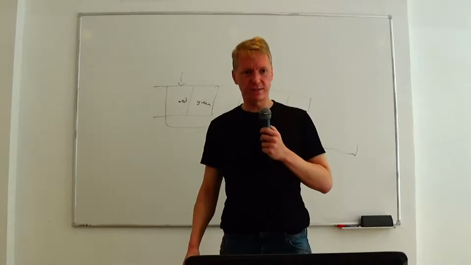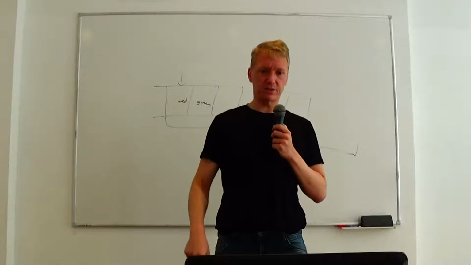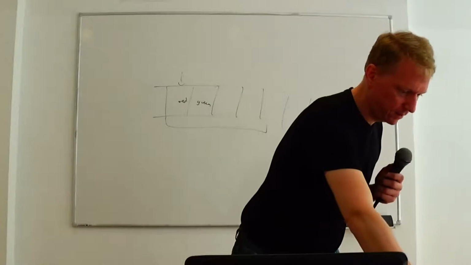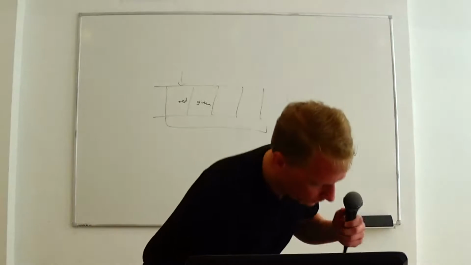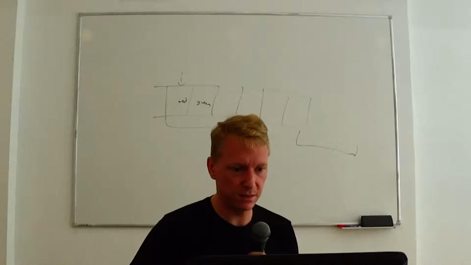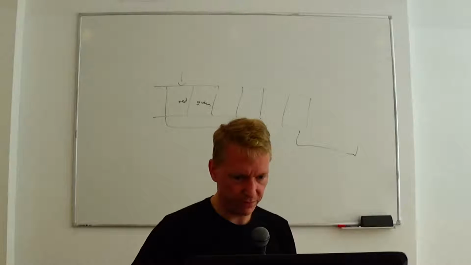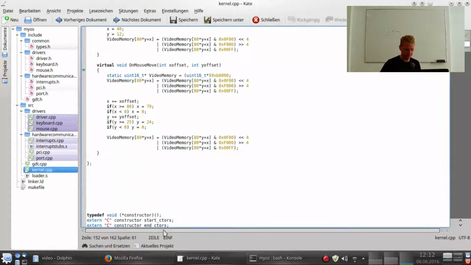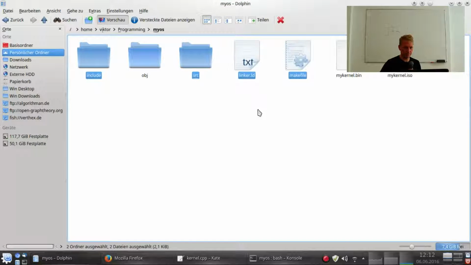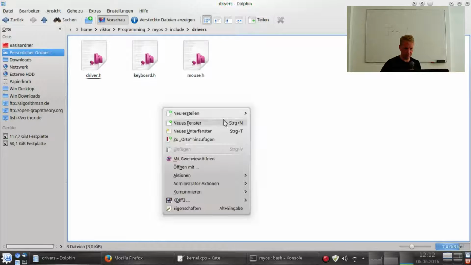I mean, it's not really a good design, and I think it's a better idea to have a mock-up that hides this functionality in the enumeration of the PCI devices, but whatever. Let's just start with sending these codes to the graphics card so that we get into graphics mode. Okay. Include drivers.